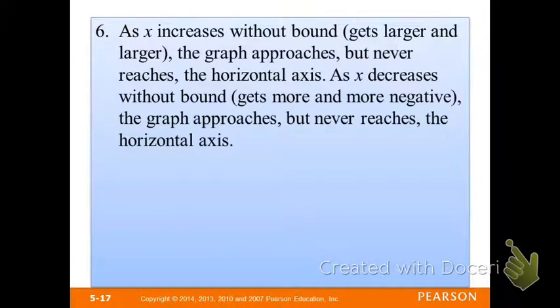Okay, and as x increases without bound, that means as the value of our variable, let's give some meaning to this, as IQ increases, as a person's IQ measurement gets higher and higher, the graph approaches but never reaches the horizontal axis. So as IQ gets higher and higher, the probability of a person having that IQ is less and less.